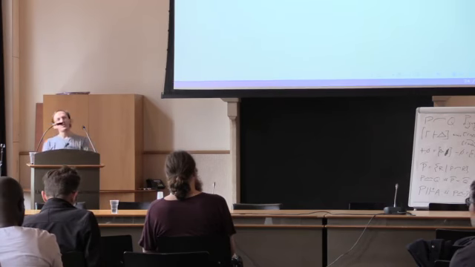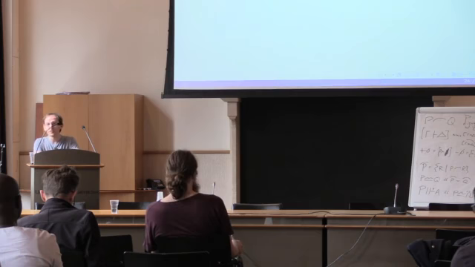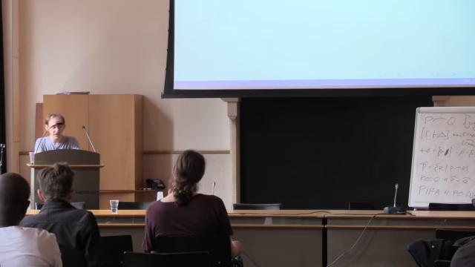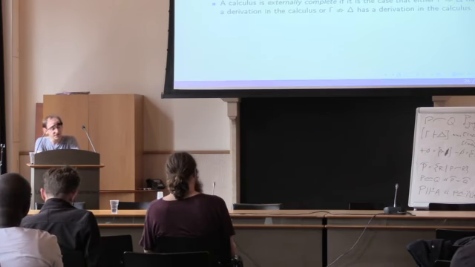Now, if we ignore all issues about self-referential paradoxes involving validity and so on, the calculus I presented is in fact externally consistent. And the proof is not very different from a cut elimination proof, which is nice. But of course, if there's external consistency, then there's also external completeness.